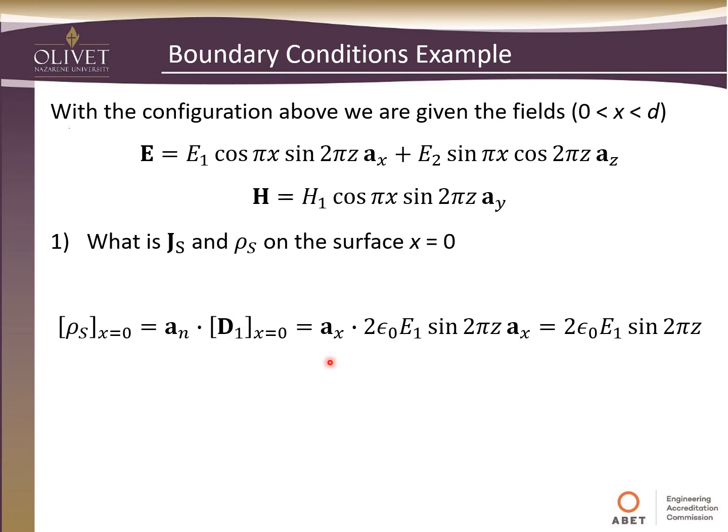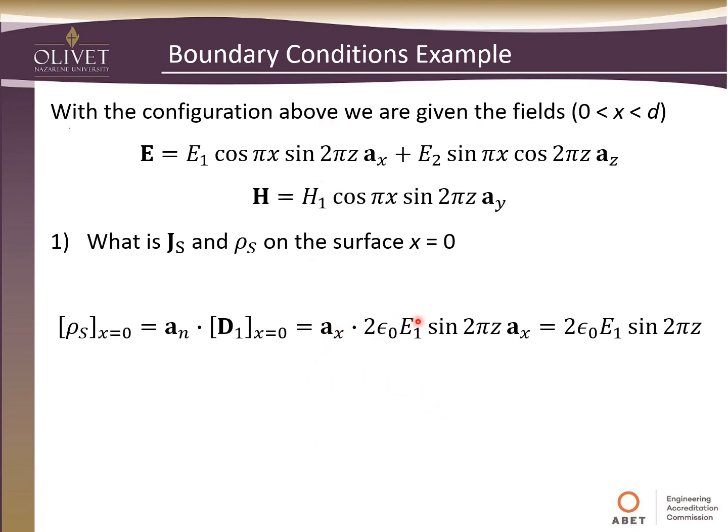Our D1, remember the relationship between our electric field and our displacement vector is by multiplying by the permittivity. So we know that in that first boundary, that permittivity was 2 epsilon naught, or 2 times the permittivity of free space. And we know that the normal vector is ax in the x direction.